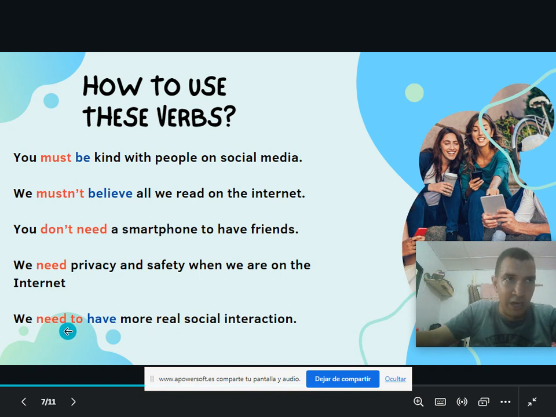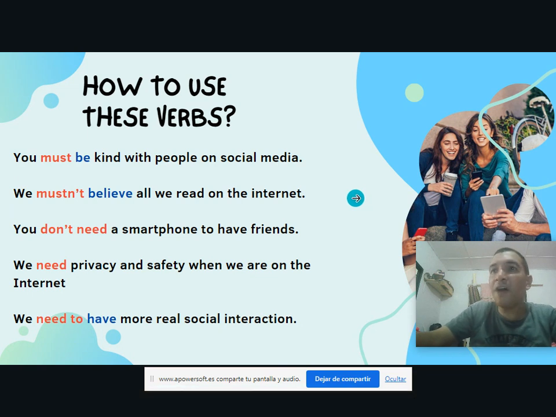So after the verb need, we can find a verb in infinitive form. Need to have. Okay? We need to have more real social interaction. Do you have any question? No questions? It's clear? Okay, let's continue.